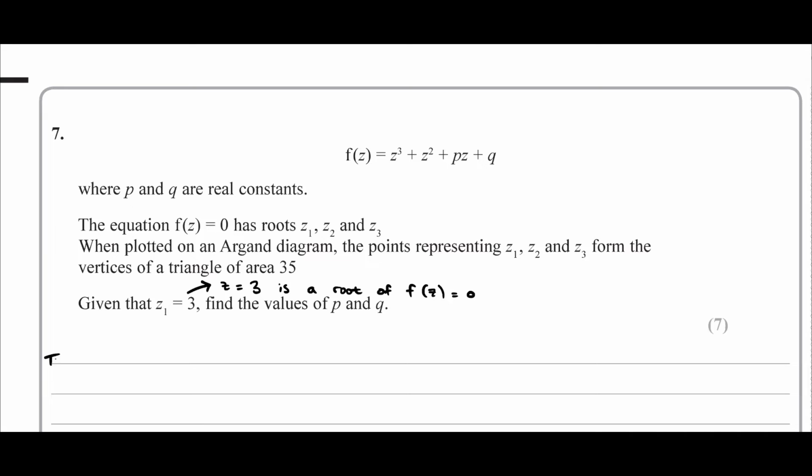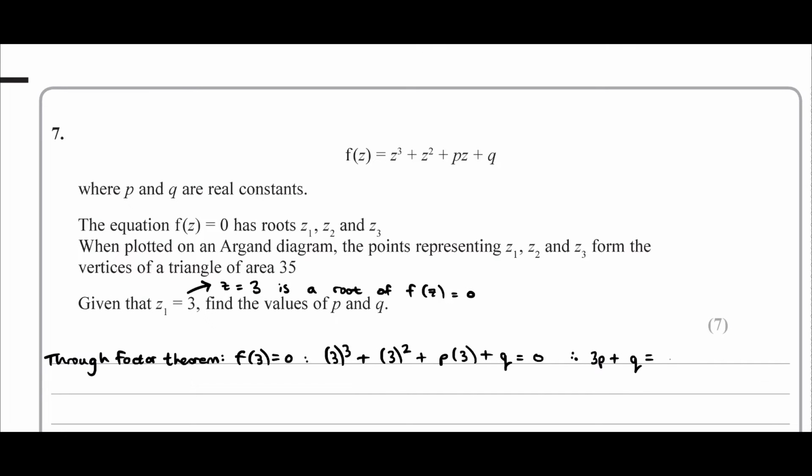So through the factor theorem, we have f of 3 equals 0, so we have 3 cubed plus 3 squared plus p lots of 3 plus q equals 0, which we can simplify. 3p plus q equals minus 36.